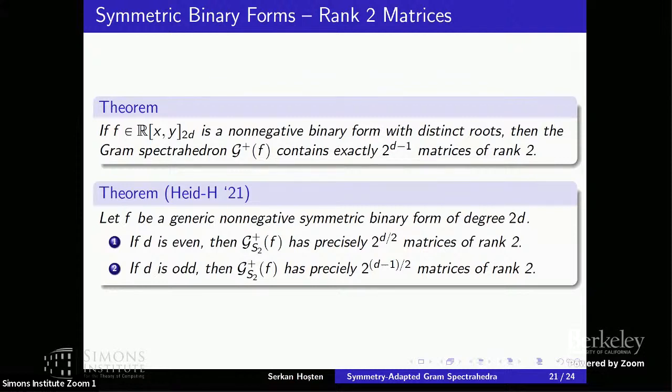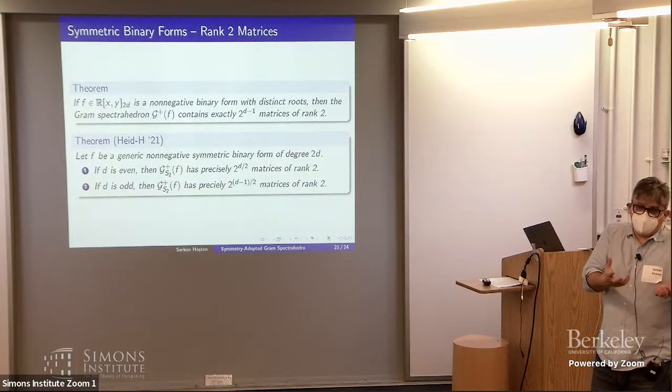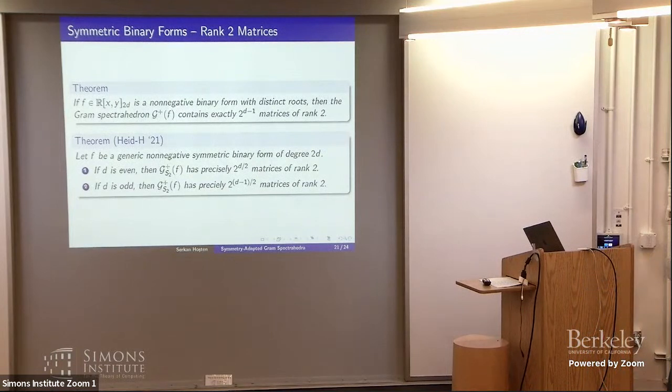Let's say it was degree 10, and some roots coincided, then you can factor out that piece, and look at the remaining part of your polynomial. That still gives you a spectrahedron, but a lower dimensional one for a lower degree symmetric polynomial.